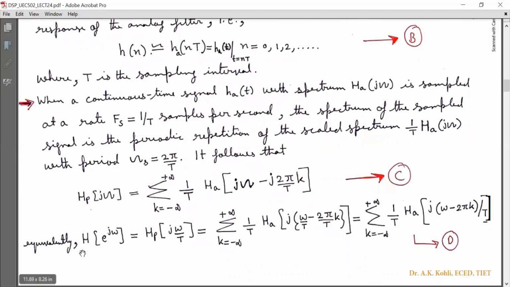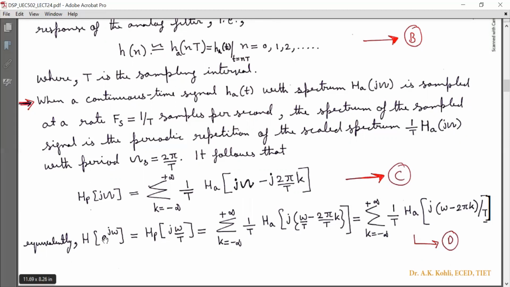So equivalently in discrete domain, H(e^{jω}), where small omega is the angular frequency in discrete domain, can be represented as H_p(jω divided by T) equal to summation k running from minus infinity to infinity 1 by T H_a(jω by T minus 2πk divided by T), as shown on the screen, equal to summation k from minus infinity to infinity 1 by T H_a(j(ω minus 2πk) whole divided by T). So mark it as equation D.